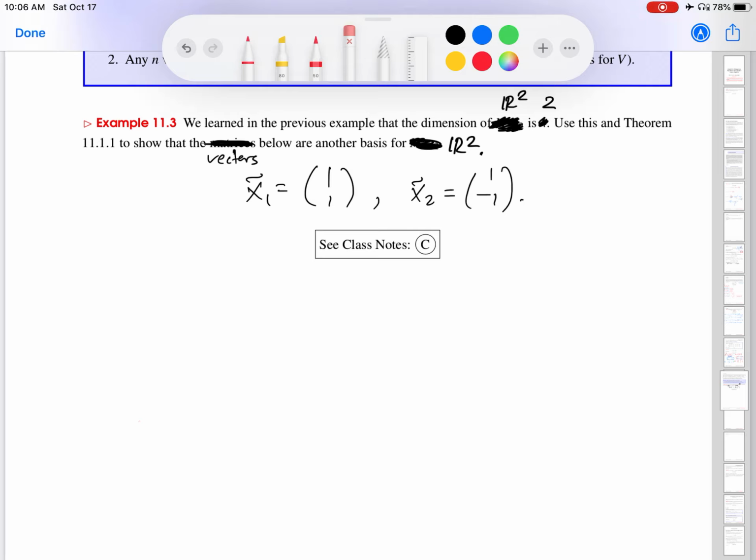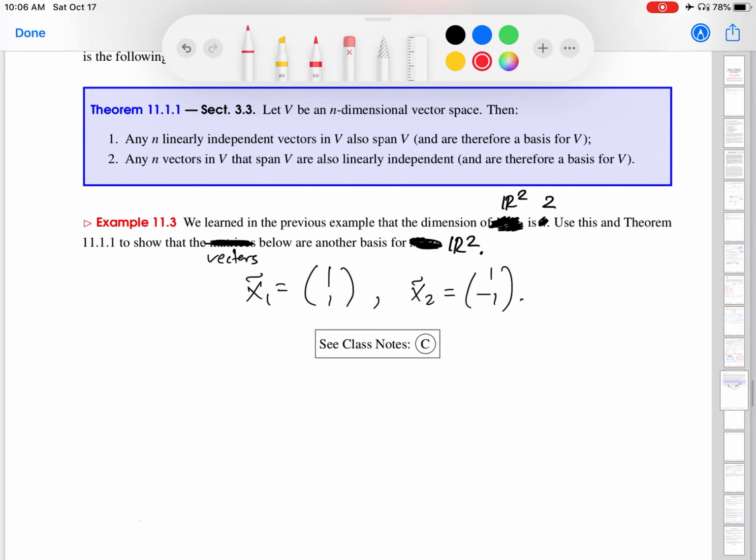So this is going to be a little different in this example because I'm going to try to use this theorem. So you have two options that you can take with this example here. You can either show that the vectors x1 and x2 are linearly independent, or you can show that they span, and it's kind of up to you which one you do.